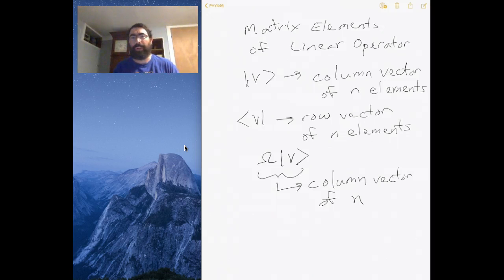So if I take my operator omega and then I multiply it or operate onto the vector v, then the dimensions have to match such that I'm still going to get a column vector of n, because when I eventually take the inner product of v on this, so basically the inner product of v on the transformation of v by omega, then I still want a single number.